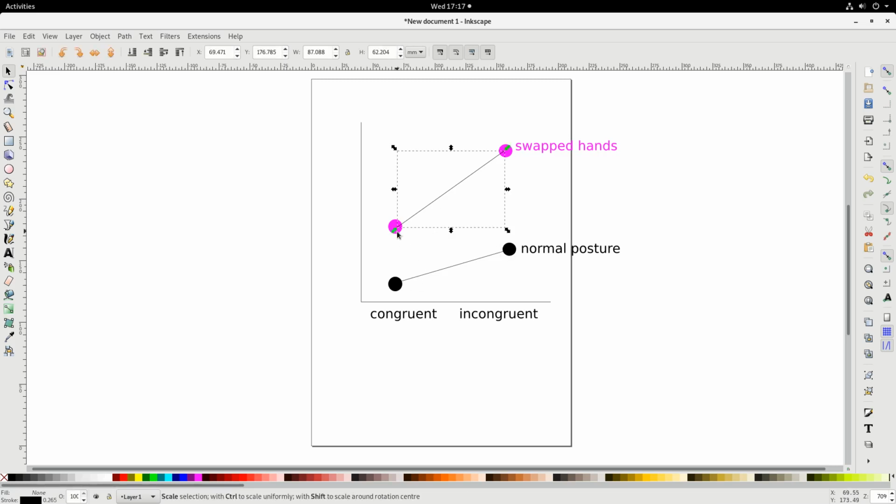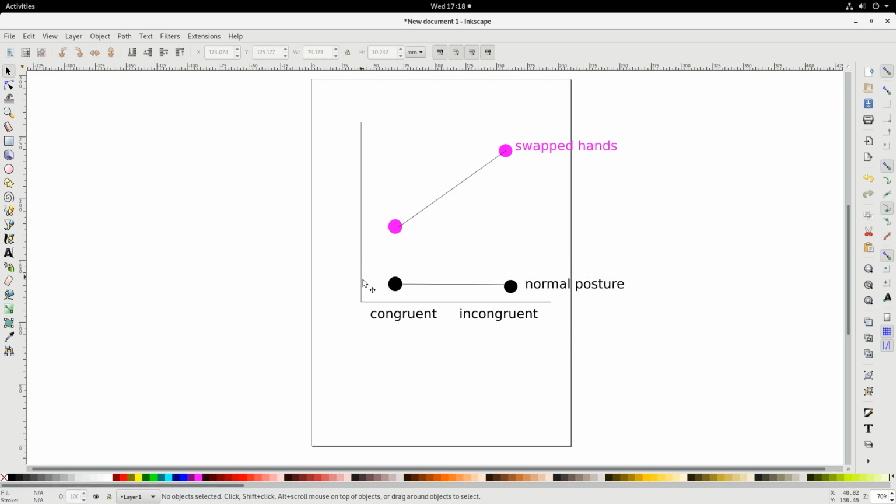You can also have even weirder interactions. That would also be interesting. Say, for example, you have something like this. Now, this is unlikely to happen, but it would also be an interaction. In this specific case, it means that there is simply no Simon effect in the normal posture.